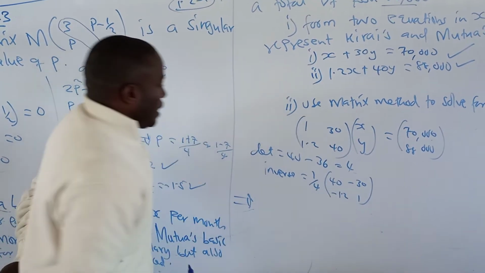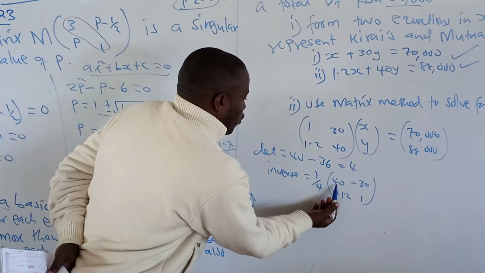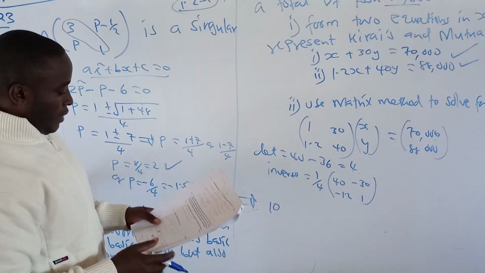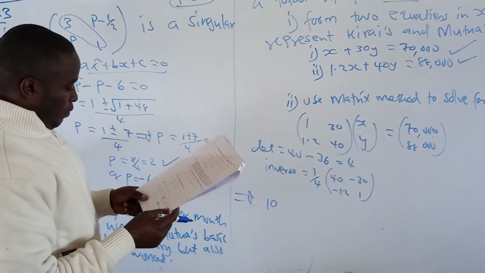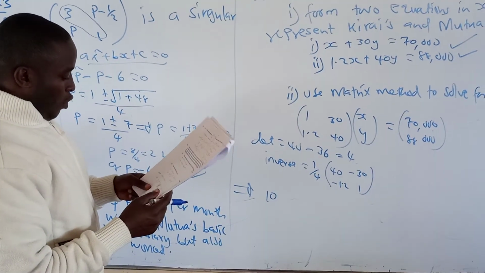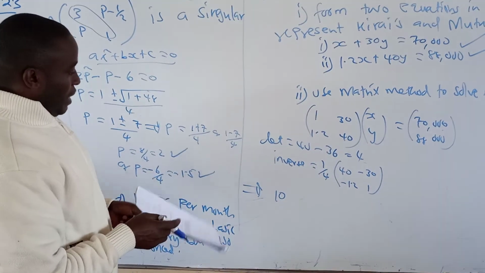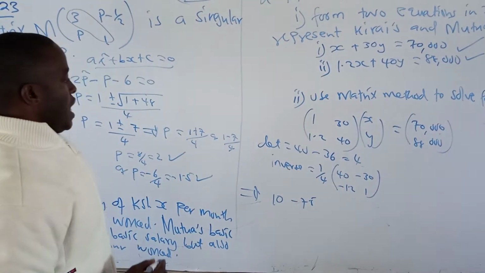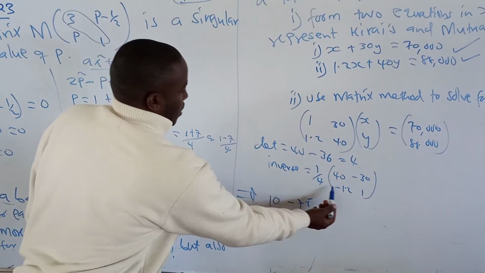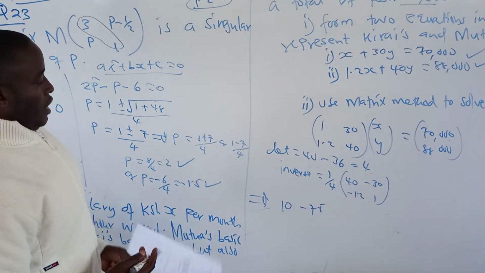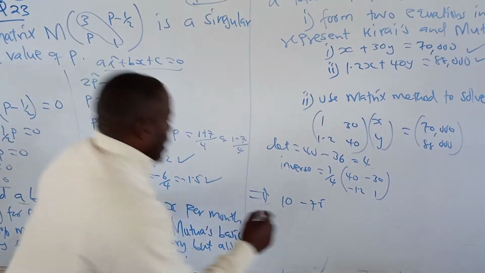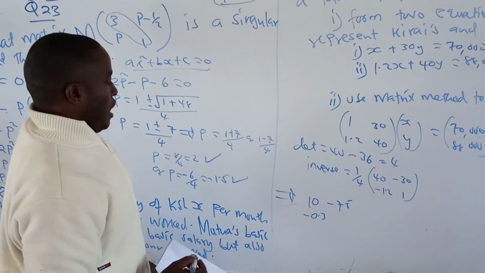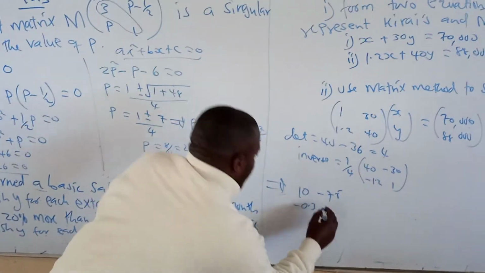So it implies that this is the inverse. If you open the bracket, 40 divided by 4 becomes 10. And negative 30 divided by 4 becomes negative 7.5. Then negative 1.2 divided by 4 is negative 0.3. And this one becomes a quarter, which is 0.25.